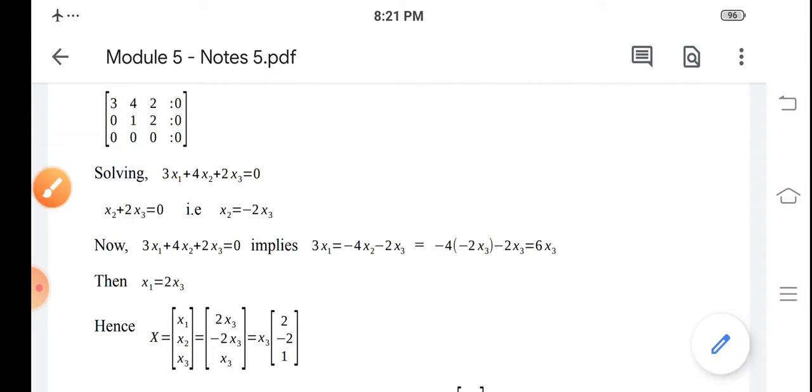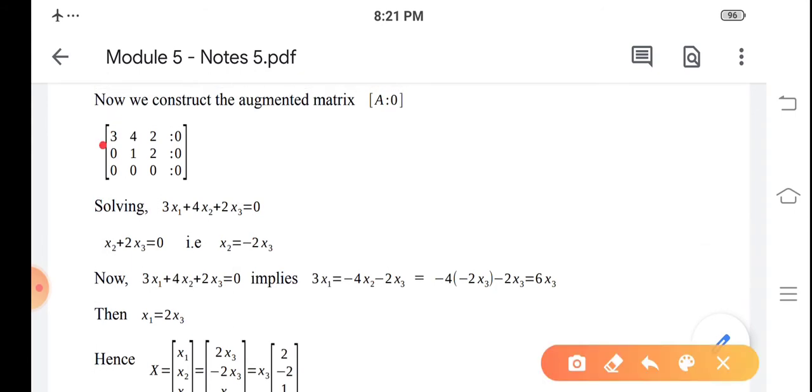Now we write the equations as 3 times x1 plus 4 times x2 plus 2 times x3 equal to 0, and 1 into x2 plus 2 into x3 equal to 0. That is x2 equal to minus 2x3. Since x2 is a pivot variable, we write x2 in terms of the free variable; x3 is a free variable. So x2 equal to minus 2x3.